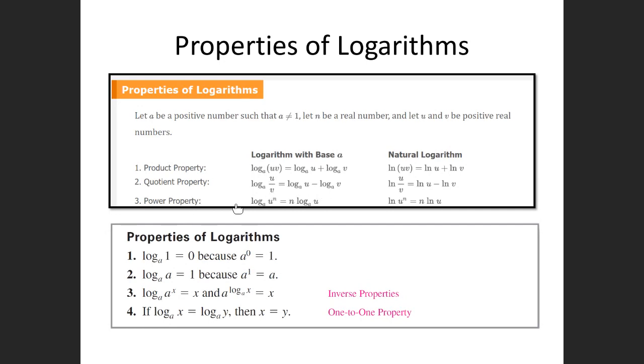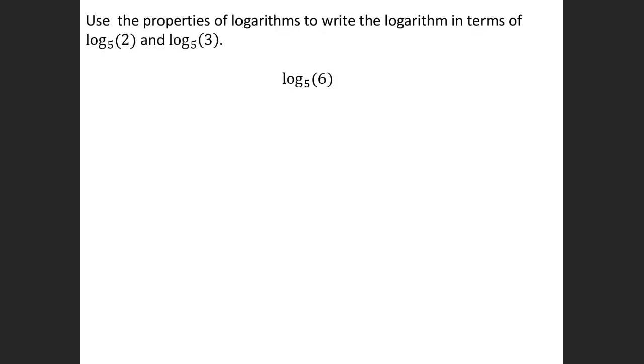And the power property tells us that this exponent we can bring to the front of the log. And you have the same properties for the natural log. The power property is one that you can use quite a bit in the 3.4 section. These are very basic ones, and then we'll get into some more difficult ones here.